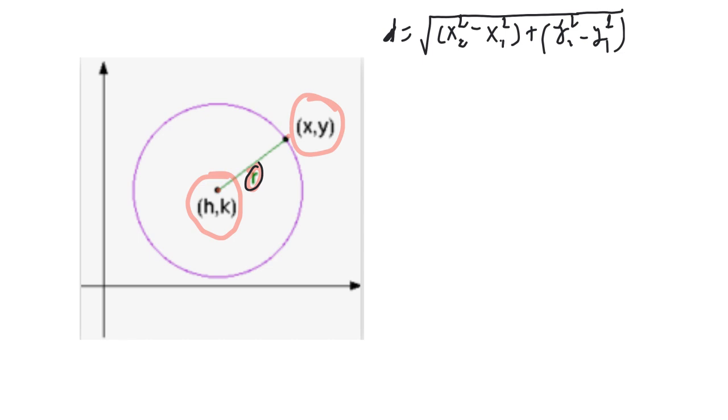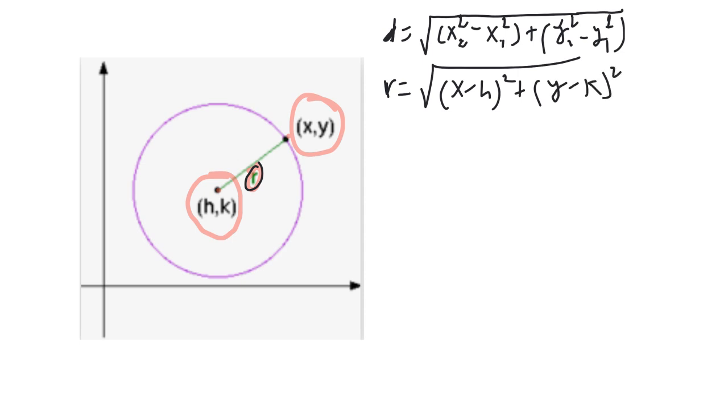Now let's substitute these values in the formula. So we get r is equal to the square root of (x minus h) squared plus (y minus k) squared.